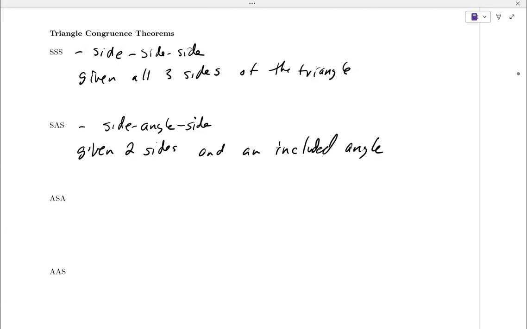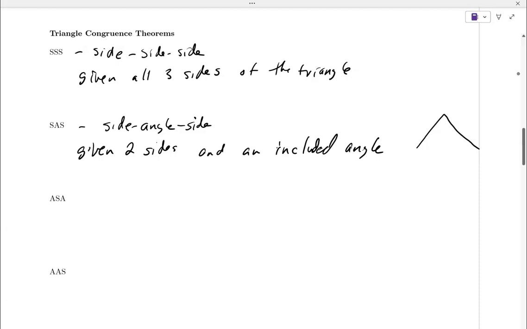Now, notice that either of these two things is going to be really, really hard to solve with law of sines, right? Because law of sines has sine of alpha over A, sine of beta over B. I've got to know at least one angle, right? So I can't use law of sines for side, side, side. Side angle side is also hard with law of sines.